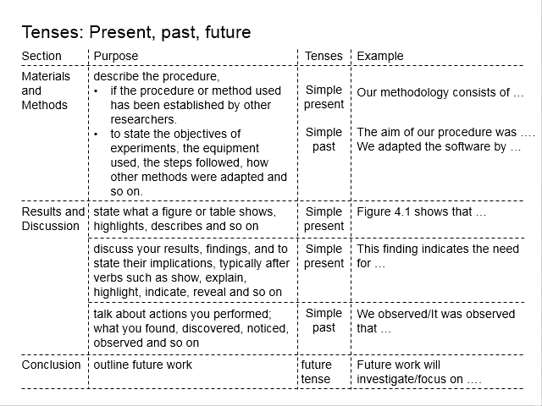It is all about what you did. Therefore, you can use simple past tense. The example sentences are: the aim of our procedures was, we adapted the software by. It is basically referring to whichever you did in your research study.